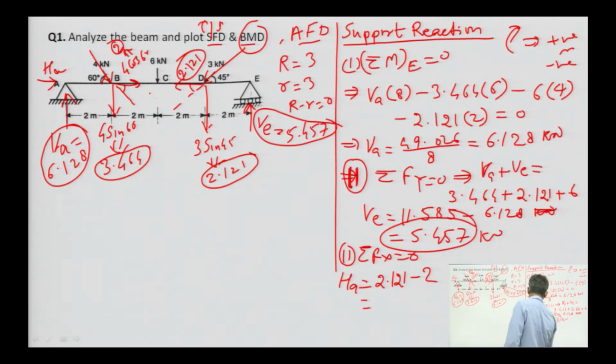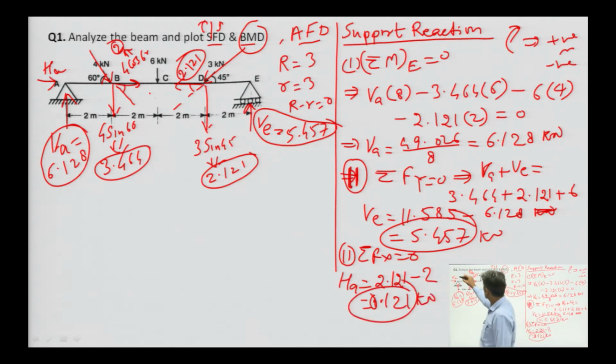So, we are getting a minus value, 0.121 kilonewton. Okay, 0.121 kilonewton is the value of HA.